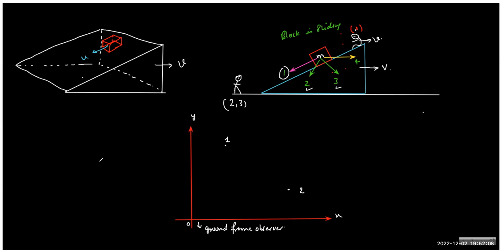And this we call the frame of reference, which you refer to. Like from which frame you refer to the event, we call it the frame of reference. What is the definition of frame of reference?